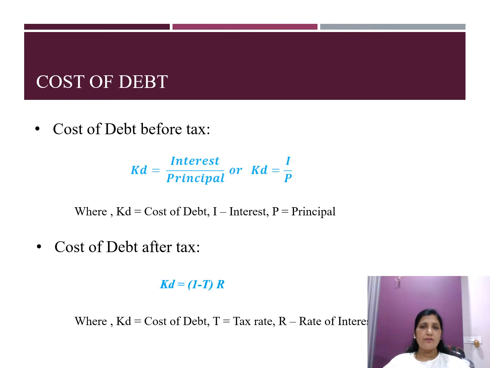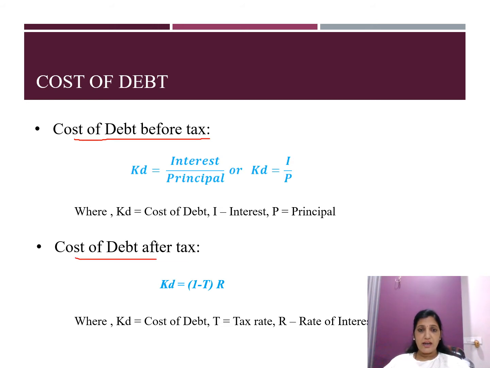So the formulas for calculating cost of debt. The first one is cost of debt before tax. Cost of debt, represented by capital K and D, KD, is equal to interest divided by principal, or KD is equal to I by P, where KD is the cost of debt, I is the interest and P is the principal.